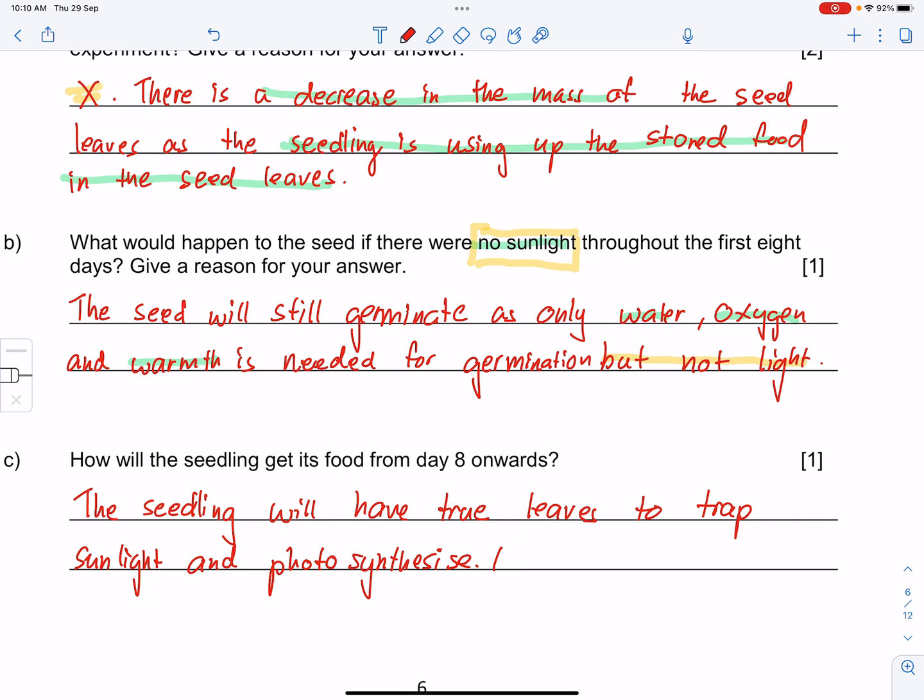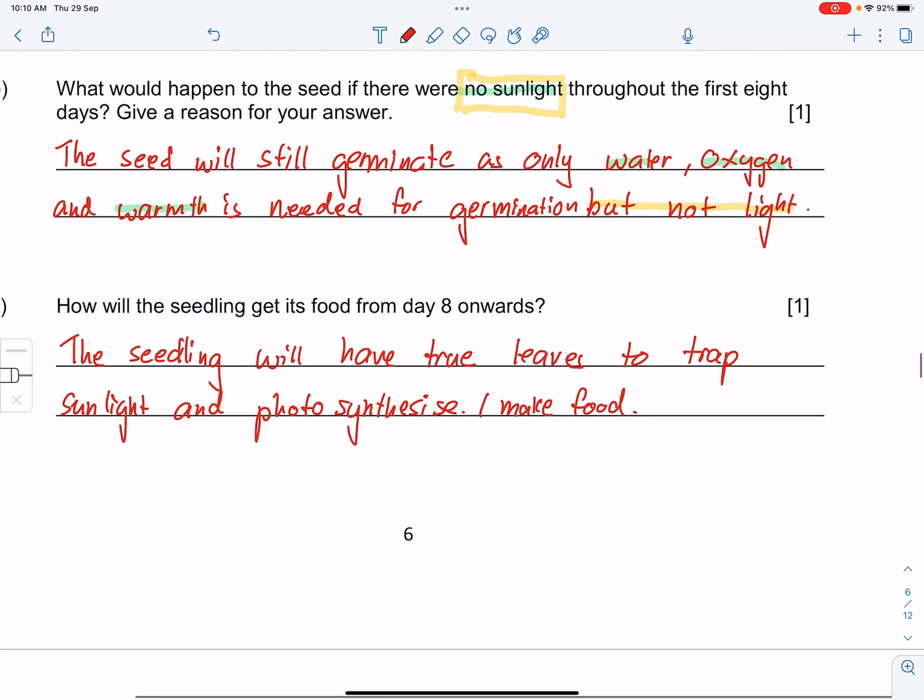But having said that, when you go to secondary school, make food is rejected. So therefore, I prefer to tell students just start off on the right foot, learn how to spell photosynthesis. Next.